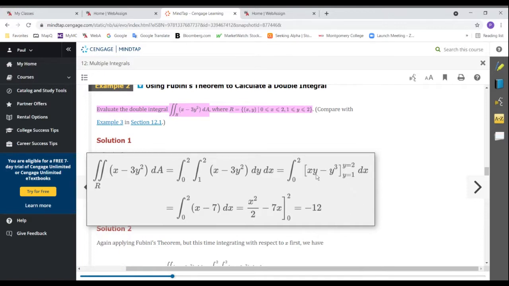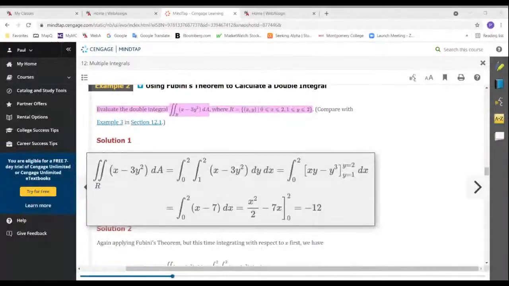And so then your antiderivative is going to be xy minus y cubed. And you're going to substitute in the 1 and the 2.